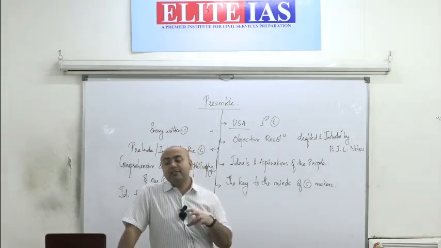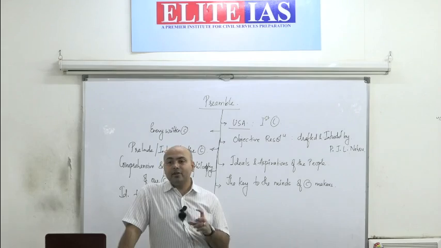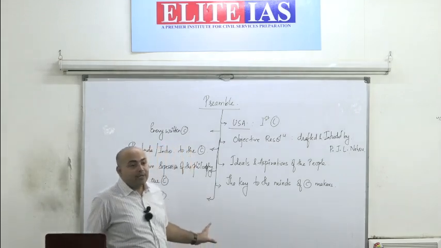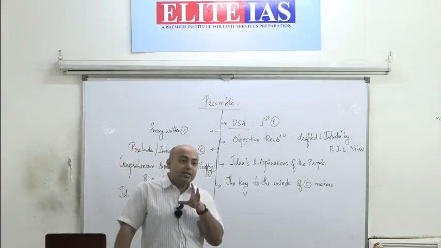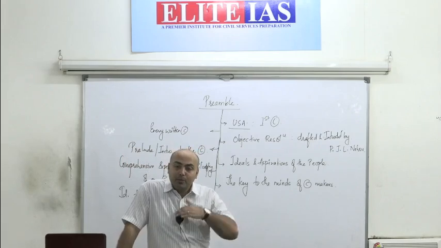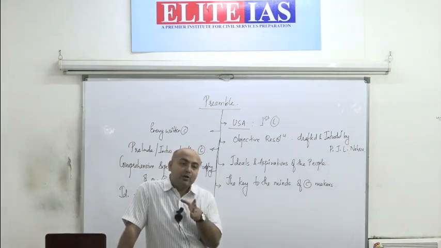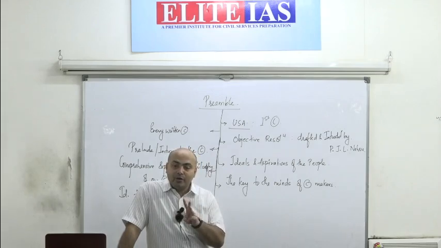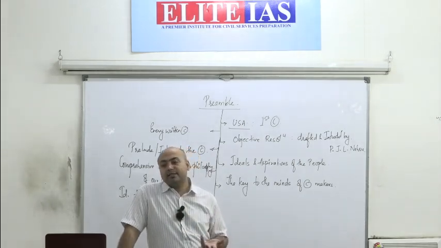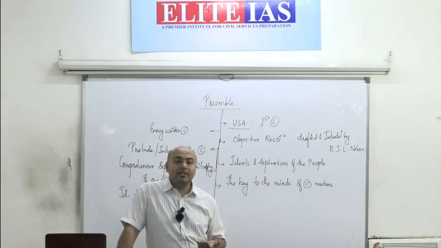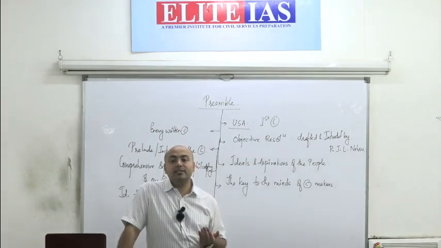Yes, you can start the answer by writing an introduction as to what the preamble is, but the gist of the question, the most important aspect of your answer, should be revolving around these three ideas. Clear?